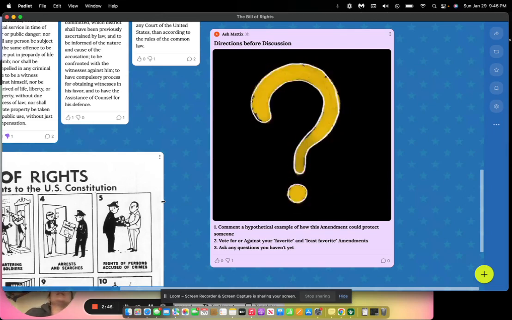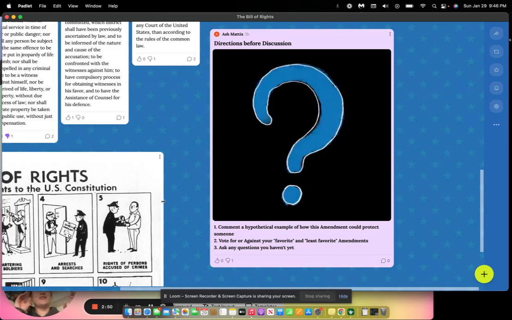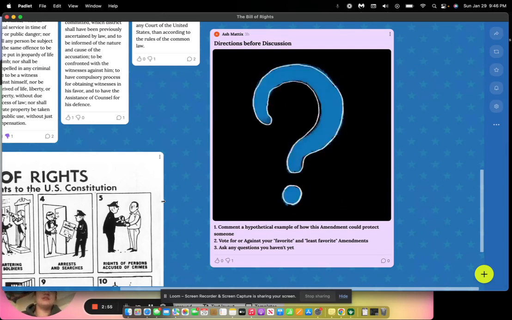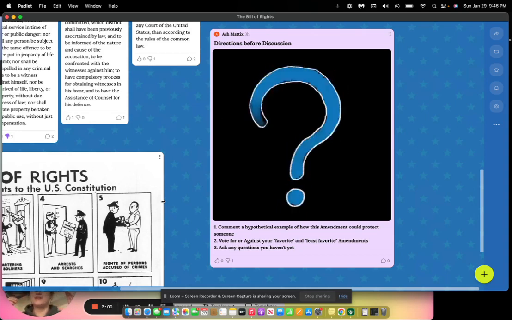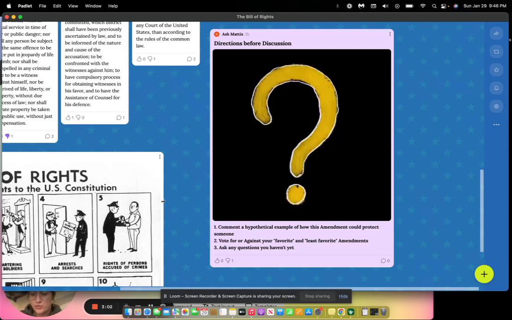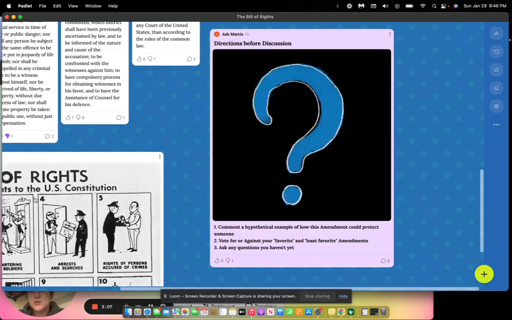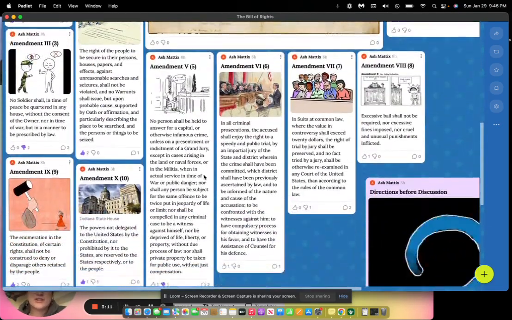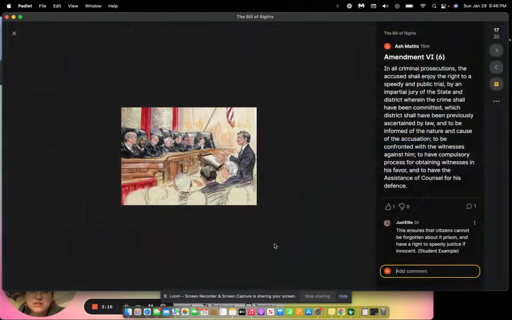I would count the response as correct either if it was an actual example of things in real life, like the whole praying in public thing that lots of people experience all the time, a general right people have, or if it's a specific example, like one of my options, I believe under the excessive bail amendment.